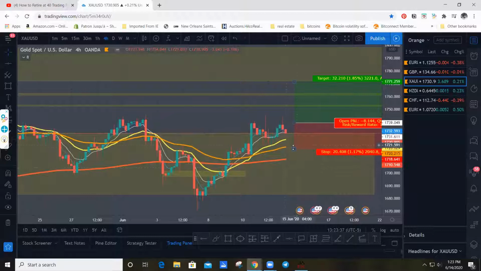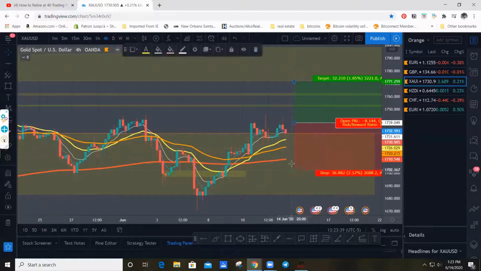You got a lot of resistance right here. Not necessarily, because we're looking at it on a 4-hour time frame. That's why I say, based on what it's showing me on the 4-hour, put a horizontal line at the bottom of those wicks and at the top up there, and then we can look at it on a 1-hour or a 15-minute.